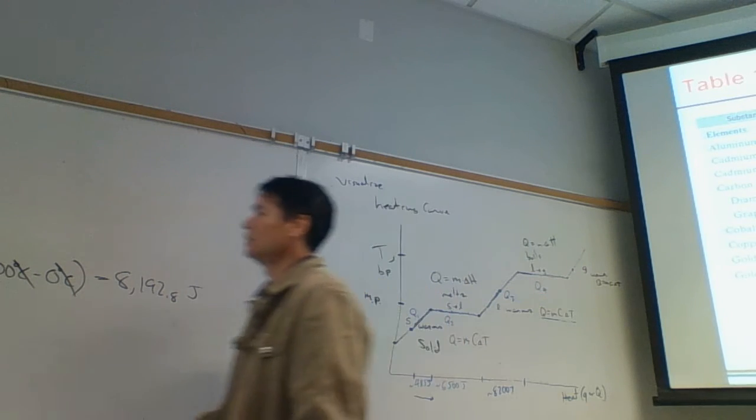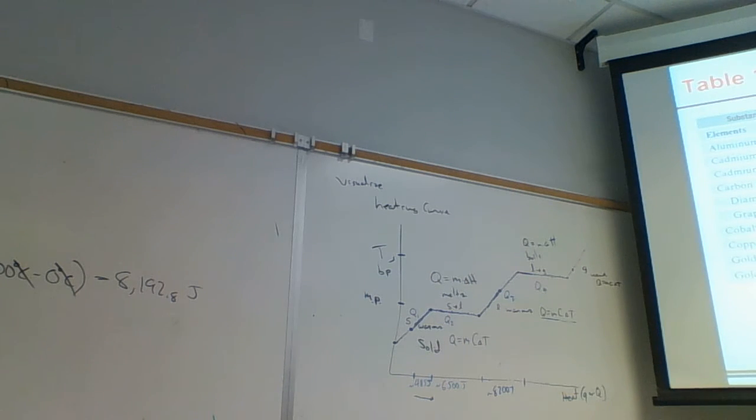The next segment here, Q4, is we're going to take our 19.6 grams of liquid water and then boil it. So here are 19.6 grams of H2O liquid at 100 degrees C. And if we try to add more energy, then it's going to start to boil a little bit at a time. So eventually, once we boil it all, we're going to end up with 19.6 grams of H2O gas at 100 degrees C.